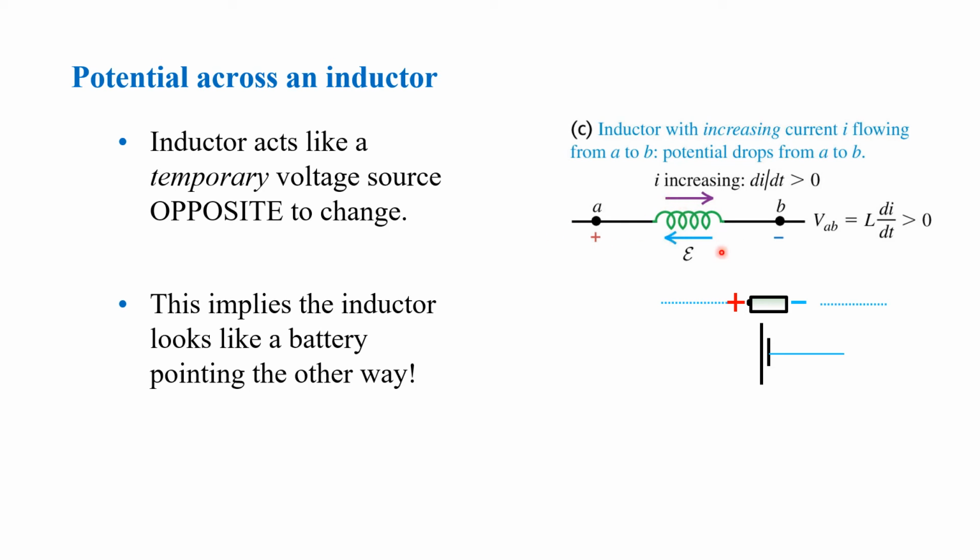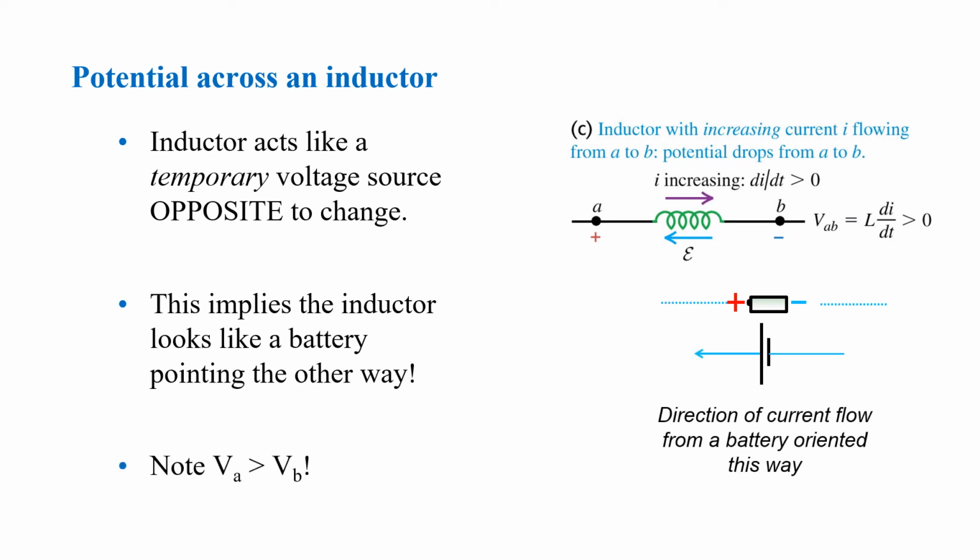So you can imply that your inductor looks like a battery pointing the other way so that the current or the electrons is pushed back towards the left side of your circuit. And note here that your point A is a higher potential than your point B.